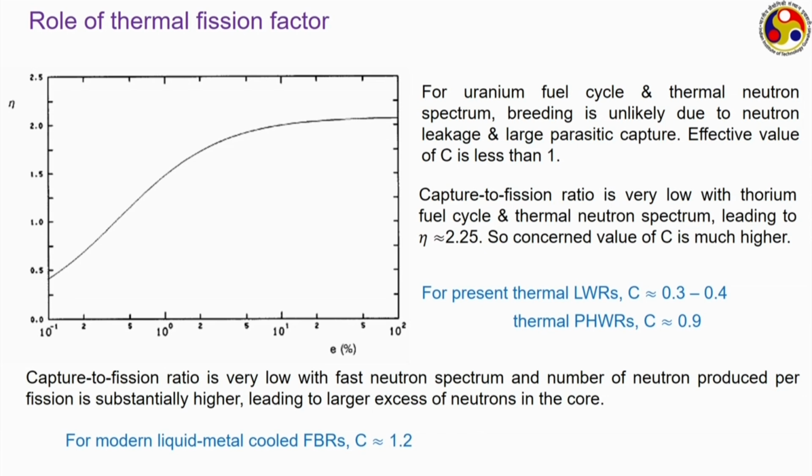So, thermal reactors are very unlikely to act as proper breeders because their value of C is less than 1. The total number of fissile isotopes produced by non-fission capture is less than the number of isotopes that are consumed. But only the fast breeder reactors, because of the fast neutron spectrum and the large number of neutrons emitted in fission, can conveniently act as breeder reactors.